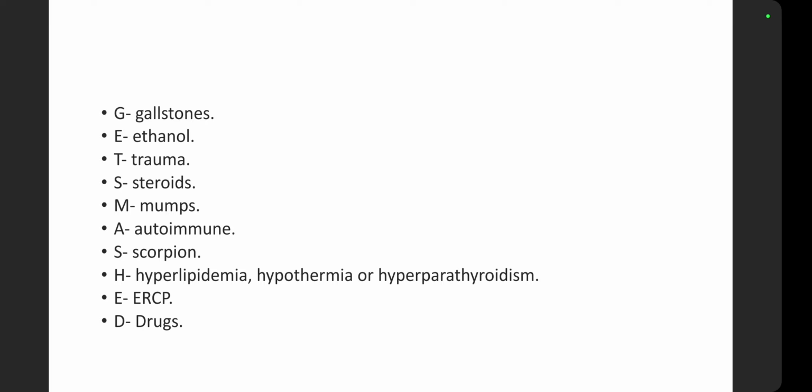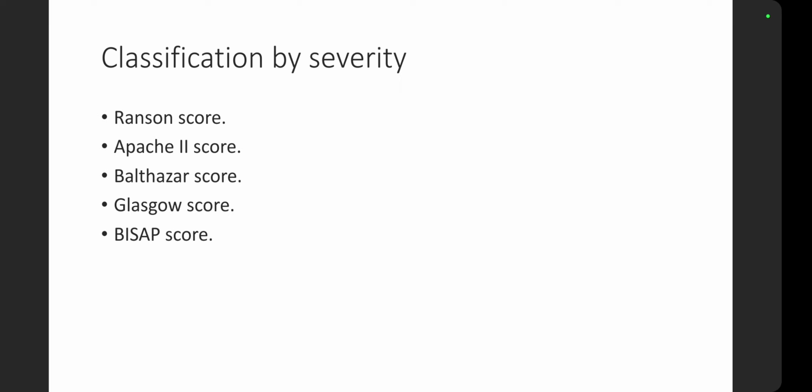G is for gallstones, E ethanol, T trauma, S steroids, M mumps, A autoimmune, S scorpion, H hyperlipidemia, hypothermia, hyperparathyroidism, and then E ERCP, D drugs.